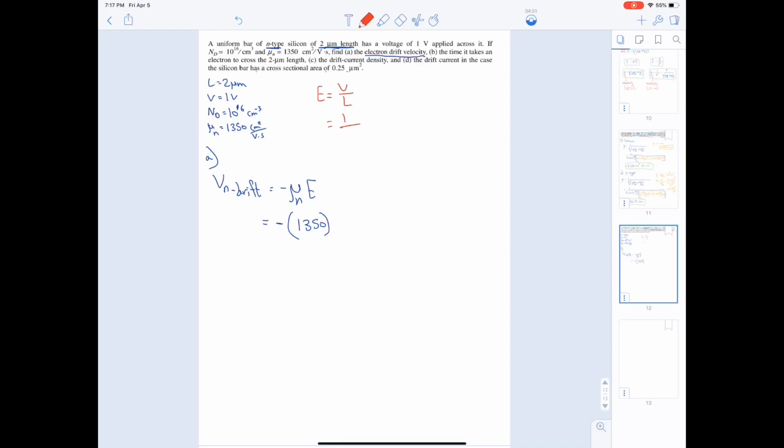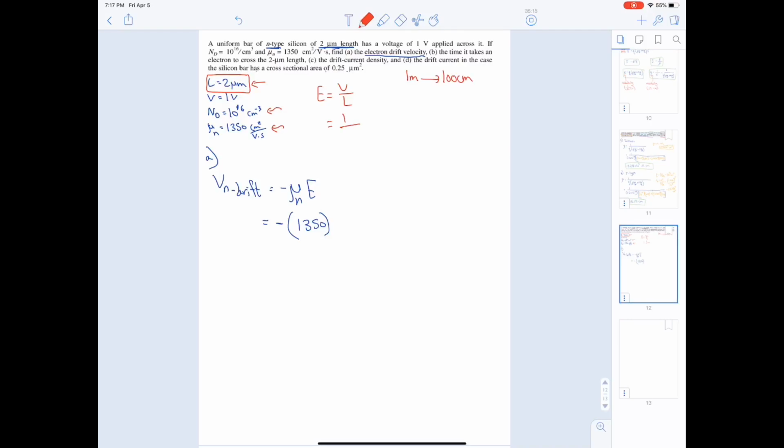What's the length? Now it's 2 micrometer, but you need to be careful here. It's 2 micrometer, whereas all the other units are in centimeter. Actually, usually in silicon we prefer the centimeter. So we need to convert the micrometer into centimeter. How are we going to do this? We will say 1 meter is 100 centimeter.